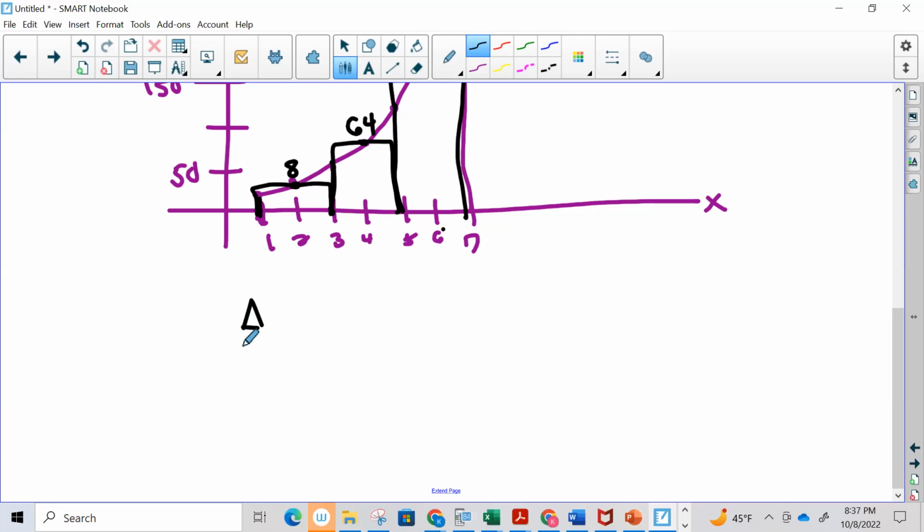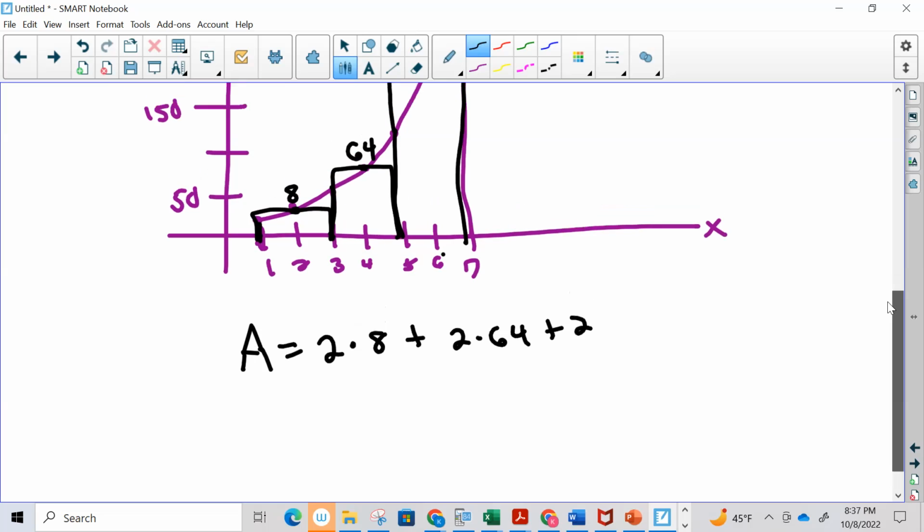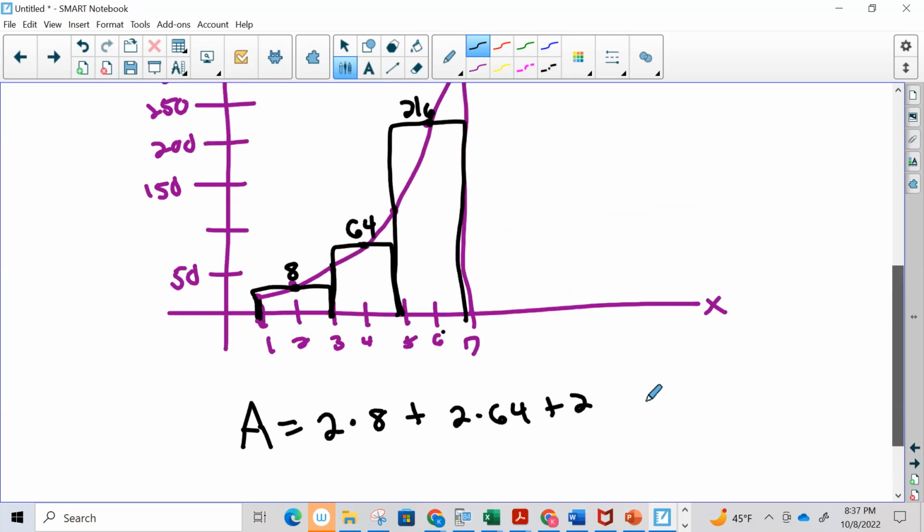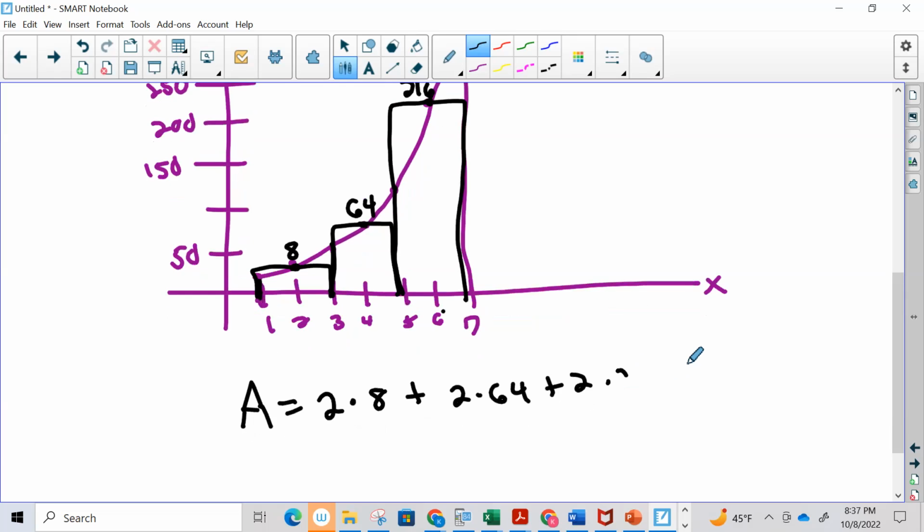So my area would equal, again, the width is 2, so 2 times 8 plus 2 times 64 plus 2 times 216 to get the area. And that gives me 576.